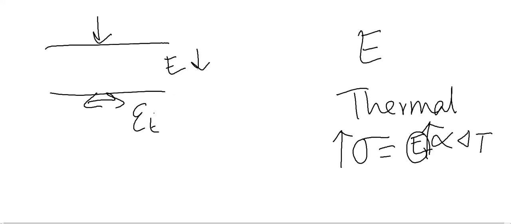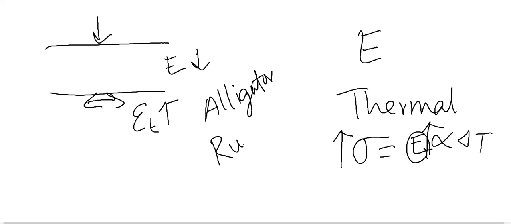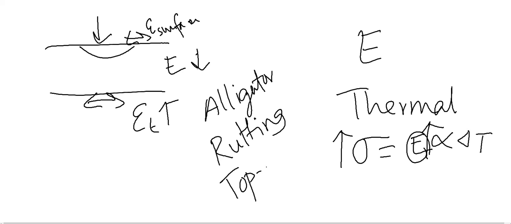So E less means this will be high. That is bad for alligator crack. At the same time, if your E is less, that is bad for rutting also. There will be more rutting. Again, if your E is less, the surface tension will be high. So that is bad for top down also.